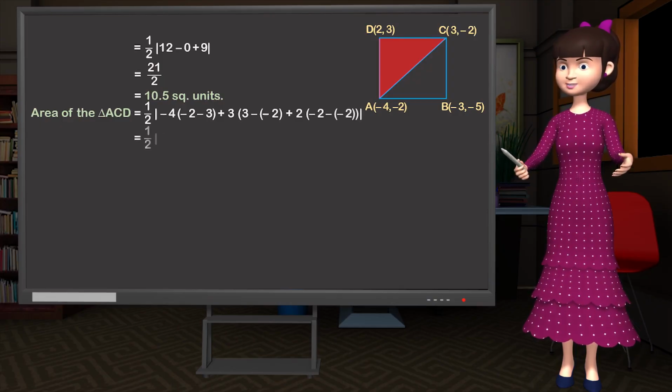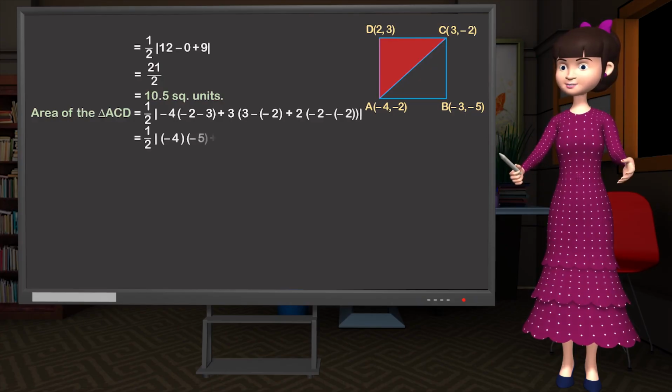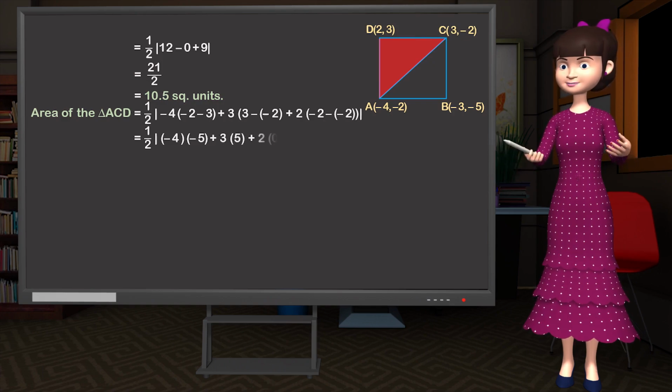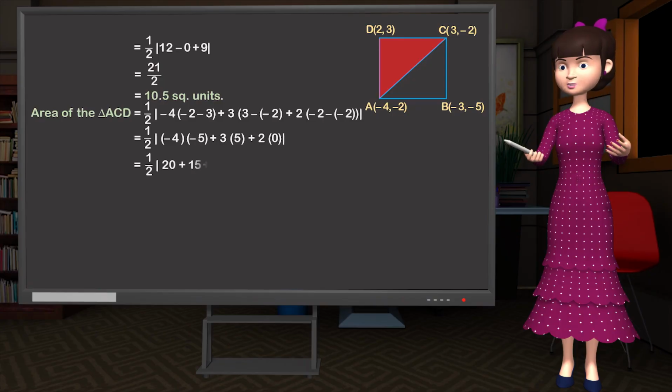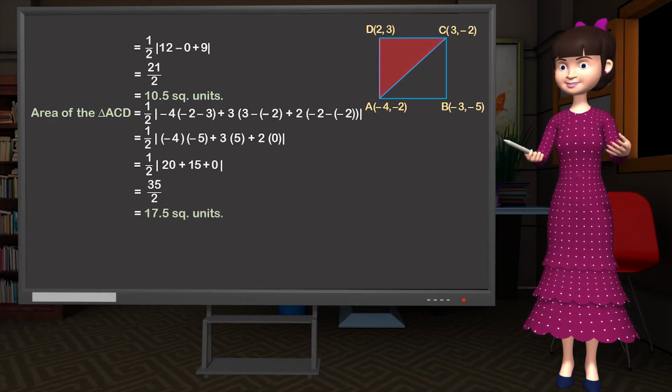Simplifying this, we get half into modulus of -4 into -5 plus 3 into 5 plus 2 into 0. Further simplification of this will be half into modulus of 20 plus 15 plus 0, which is equal to 35/2, that is 17.5 square units.